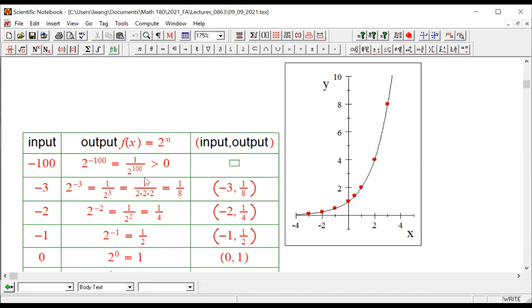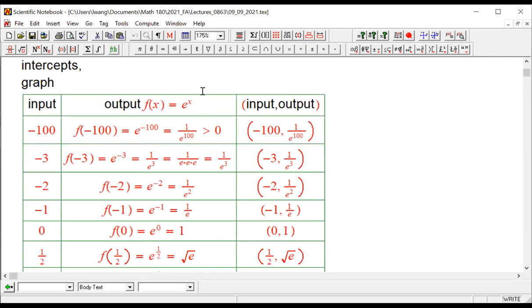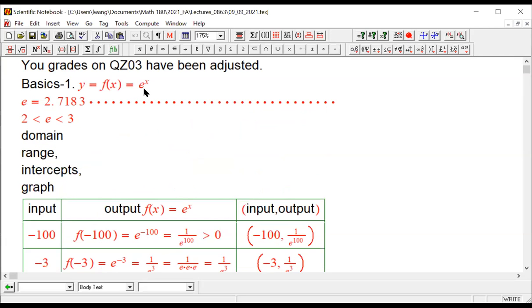What we were just doing now is that we replace the base by e, because we're handling e to the power x. For e to the power x, you can see there's a slight change of rule.